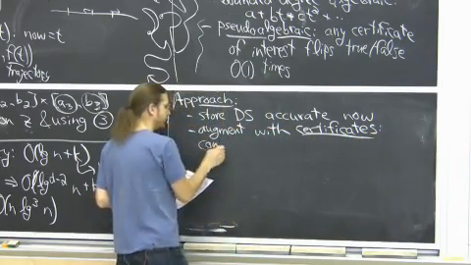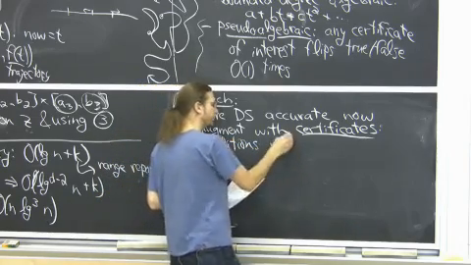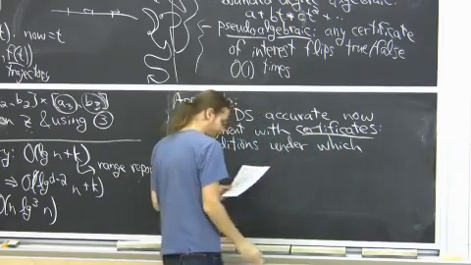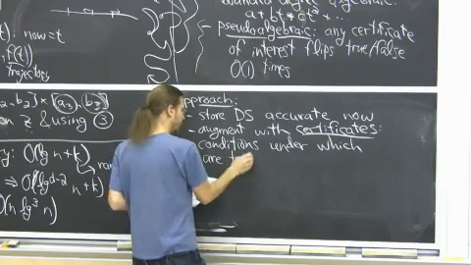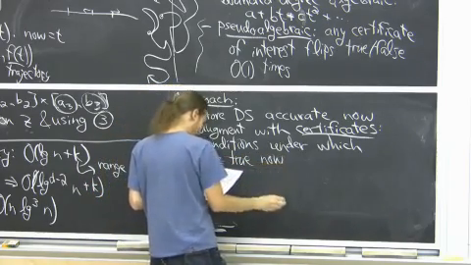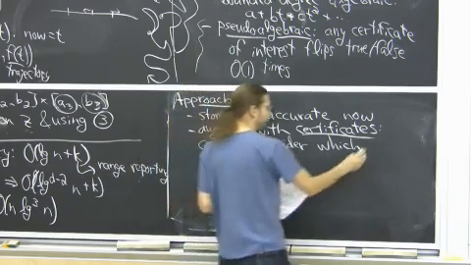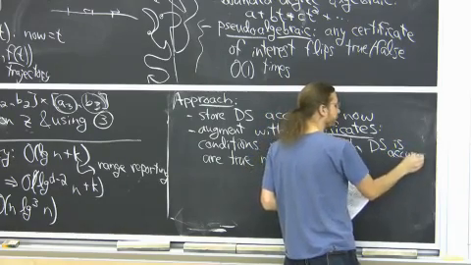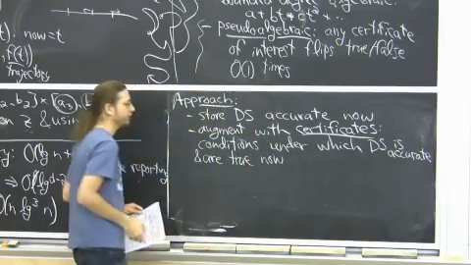You could say conditions which are currently true, and as long as they remain true, the data structure remains valid. So these conditions are true now, and under them the data structure is accurate, or correct.